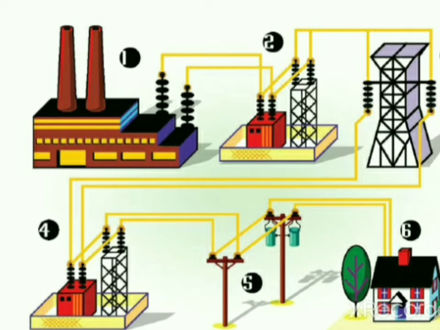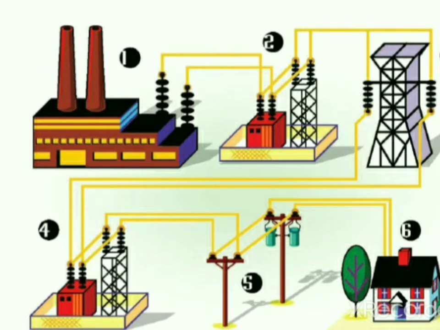Then from the main substation, it is transmitted to the intermediate substation. There again a step down takes place from 33 kilovolt to 11 kilovolt. From the intermediate substation, it is transmitted to the city substation.